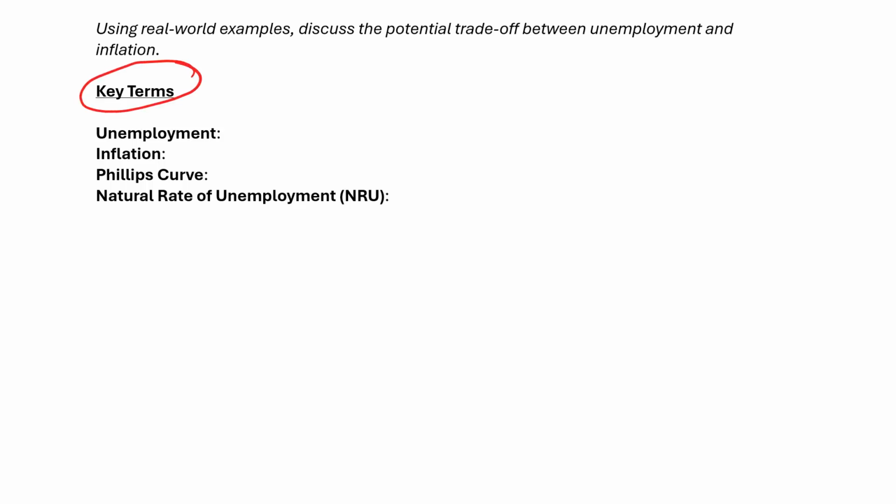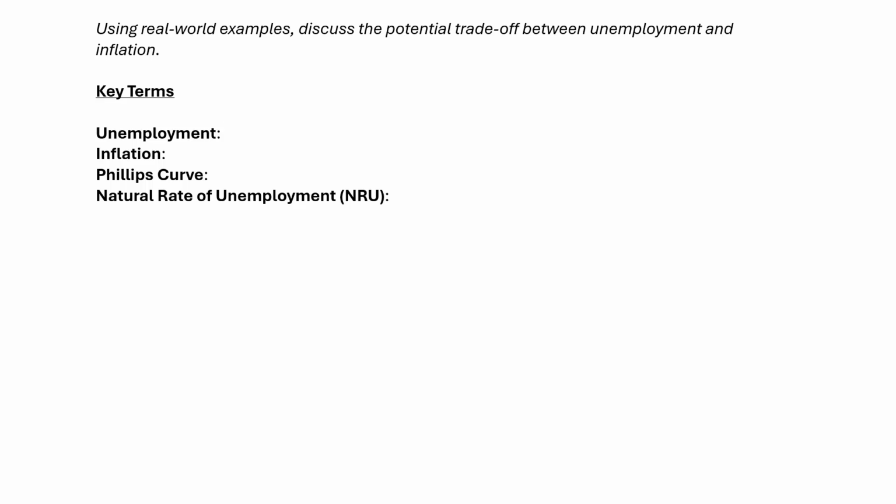Okay, so let's begin with key terms. There are about four key terms which I think are relevant here: unemployment, obviously, inflation, the Phillips curve, and the natural rate of unemployment. So in terms of unemployment, how do we define this? What's the textbook definition of unemployment?